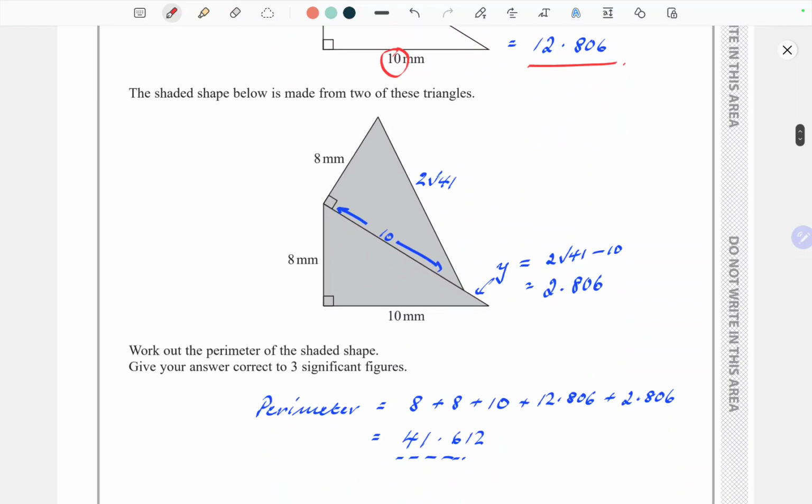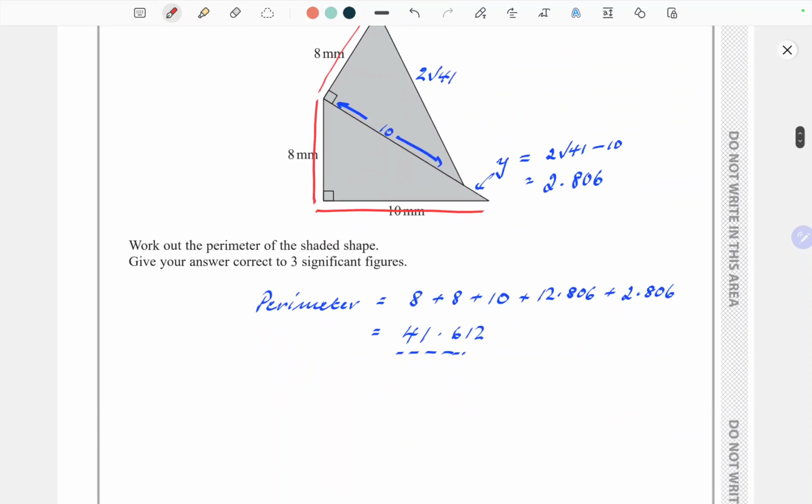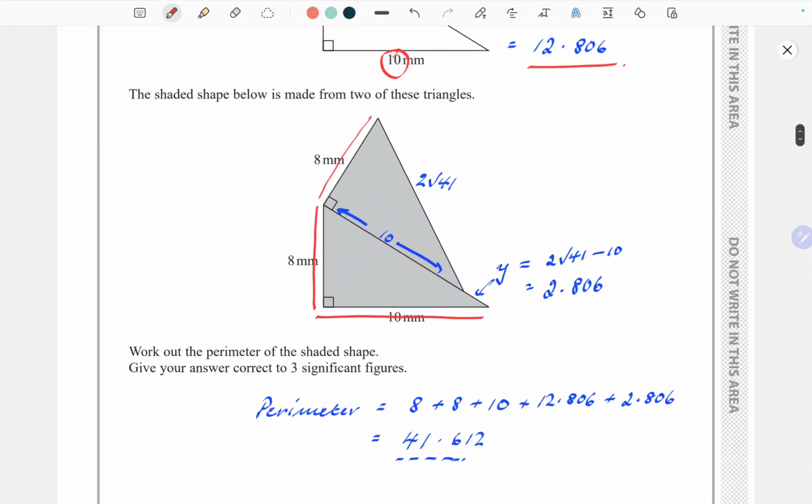And now to find out the total perimeter of the shape, you've got these straight edges, 8 each. So 8 plus 8 plus the 10 plus this diagonal here, and then this extra bit. Now remember, the entire diagonal there is 12.806, and then the base of the triangle is 10.